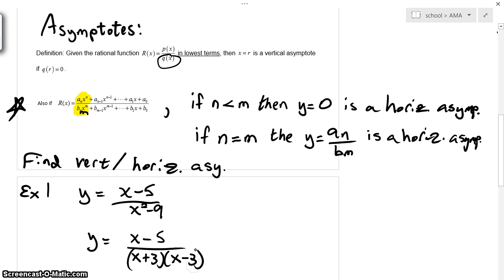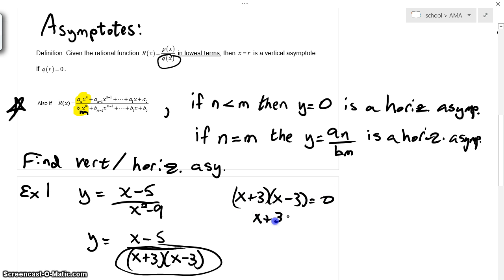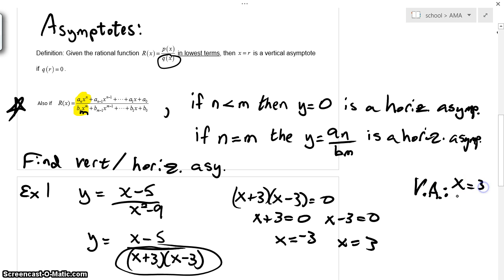Very quickly, as you're looking at that denominator, we could set x plus 3 times x minus 3 equal to 0, setting each of those factors equal to 0. As we solve, we would get x equals negative 3, x equals positive 3. Add a 3, subtract a 3. These are the equations of our vertical asymptotes. There are two of them.